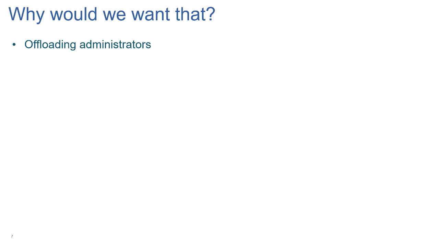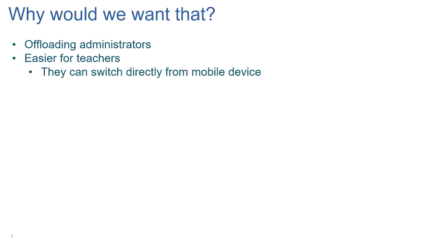It would also make it easier for the teacher as well, since they can now do the switch from their phone by themselves without needing any assistance at all. It also allows them to gain access to complex systems without having any idea how it works, and it makes it easier for the administrator to give them that access without providing access to the actual system.